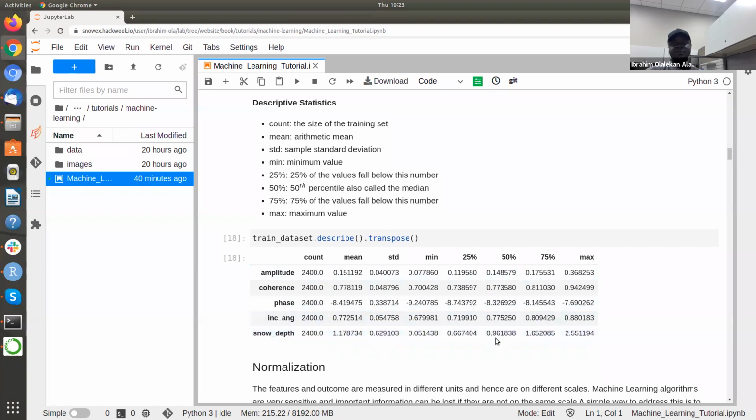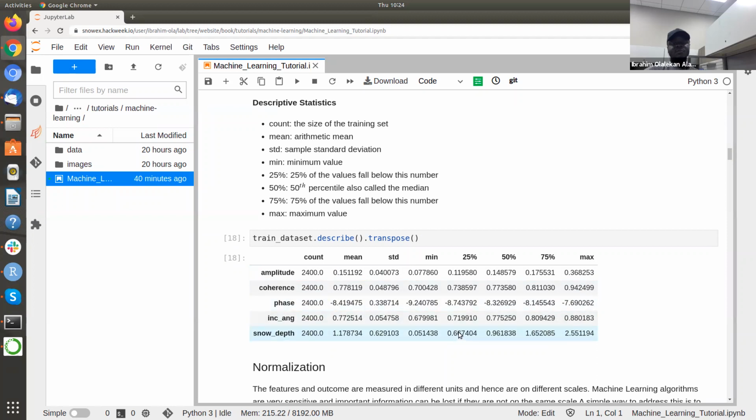Then we have a median of 0.96, which means 50% of all the snow depth measurements fall below 0.96, and 50% falls above 0.96. Then we have the 75th percentile, which means 75% of the snow depth measurements fall below 1.65. And then we have the maximum, which means the maximum snow depth we have in this data set is 2.55.